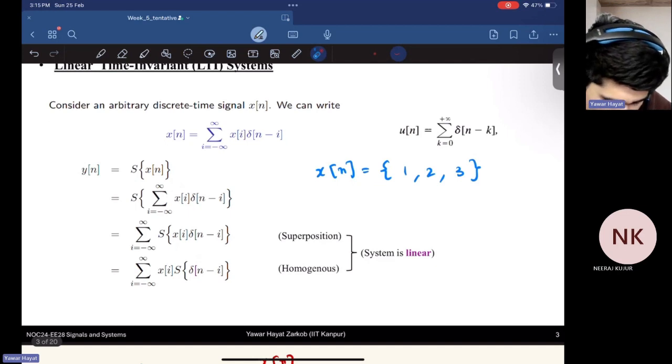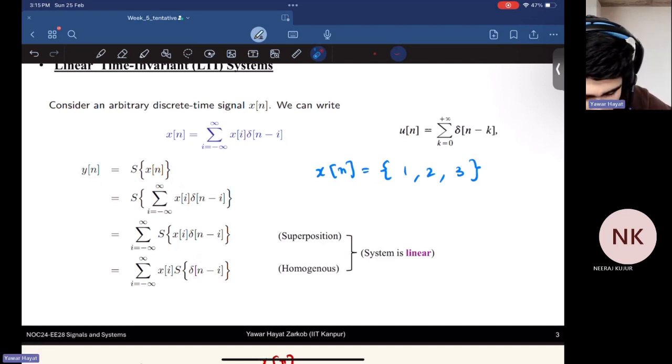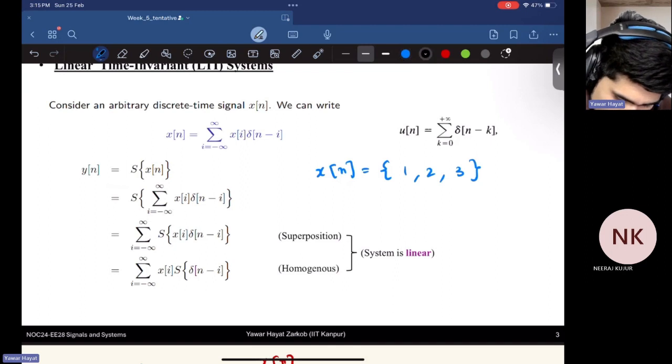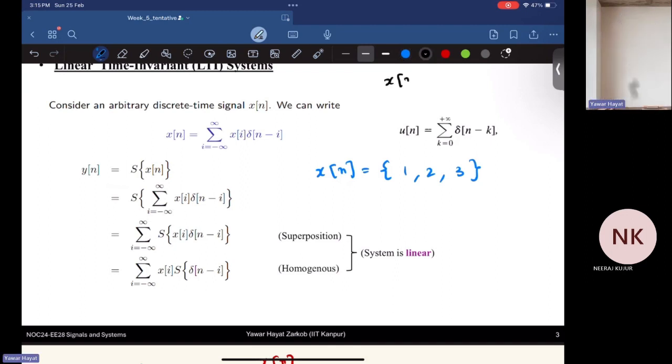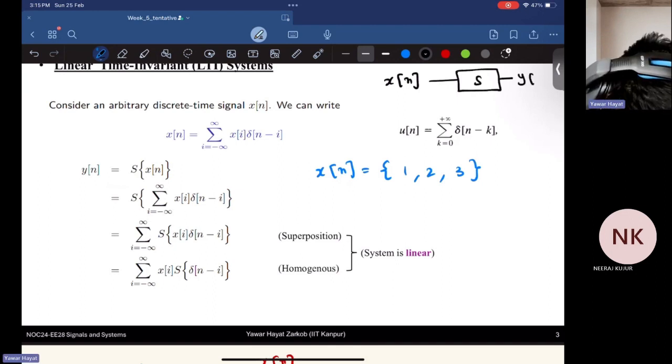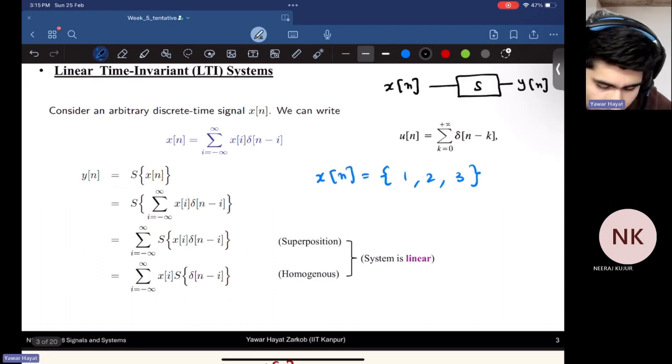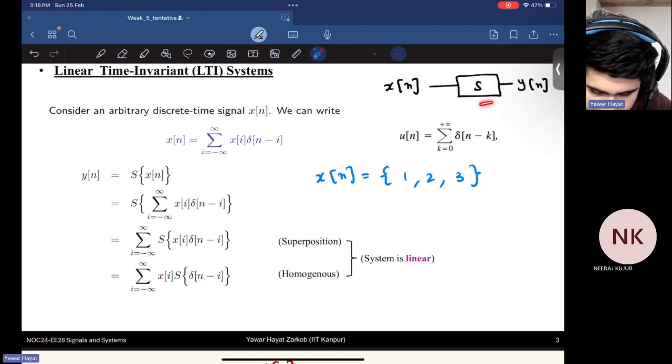I'm interested in finding an expression for y of n. This is the x of n sequence. This is the system S, and I get the sequence y of n. So y of n is the output of this system.